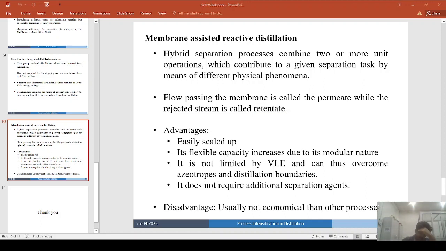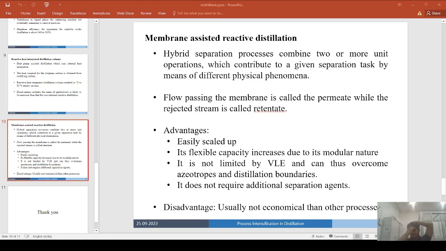The advantages of MARD are that membrane-assisted distillation offers significant potential for the separation of close boiling or azeotropic mixtures. Here you are also involving the membrane, so it assists in the separation of close boiling or azeotropic mixtures.